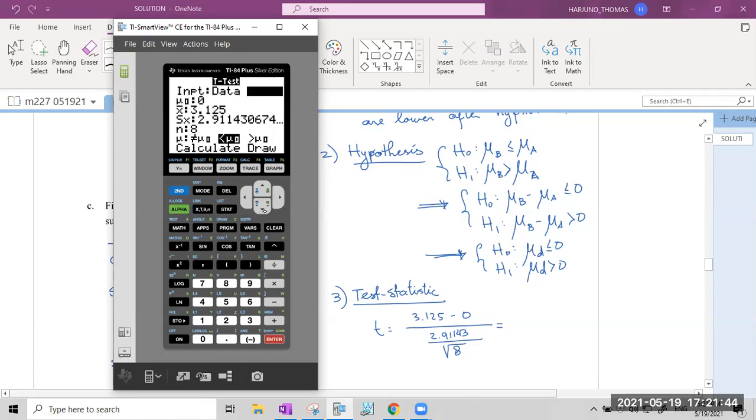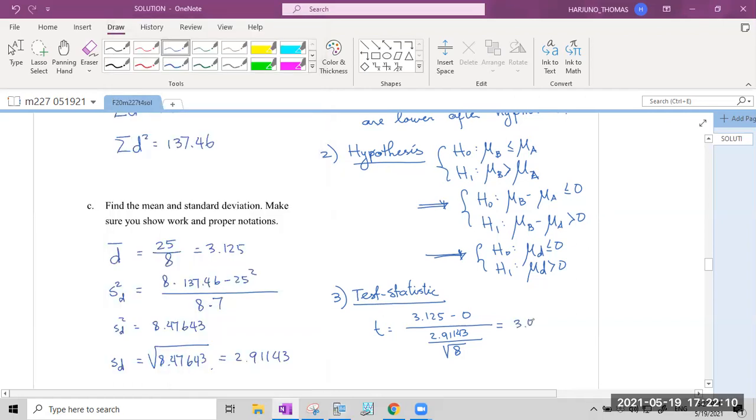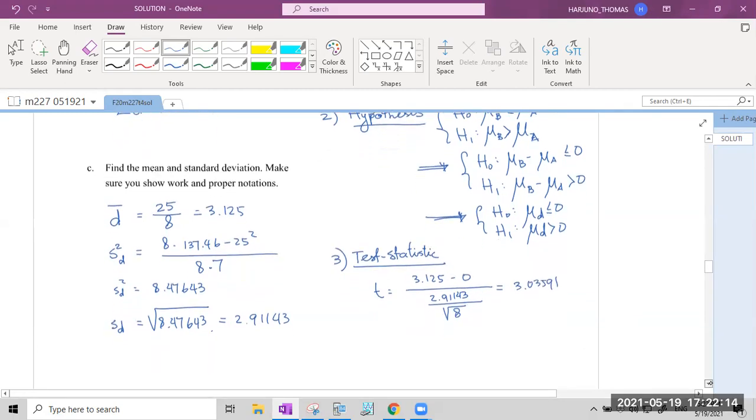The mu 0 is already there, X bar is this, sample standard deviation is this, sample size is this, and we want greater than 0. So the T score is 3.03591. That's the test statistic.